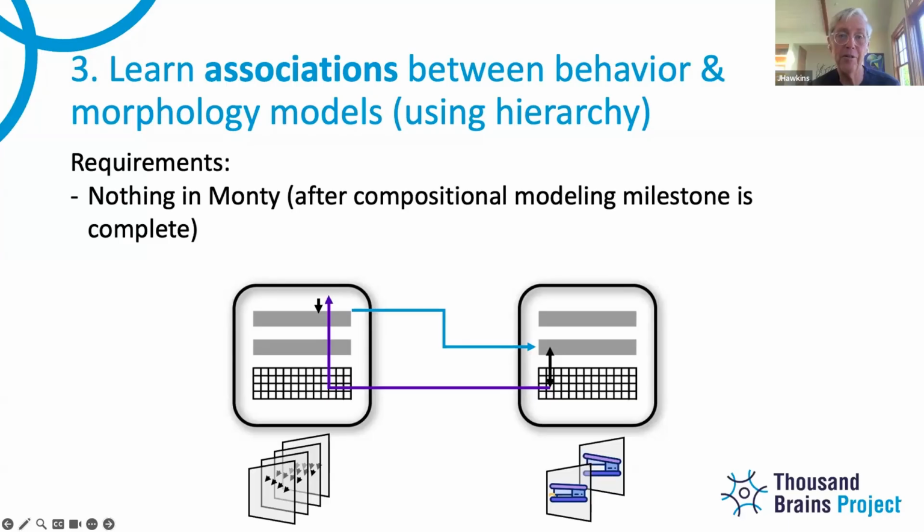So I just throw that out, something to think about. But Monty doesn't care. You can do this in Monty, as long as we agree that that's a requirement. Those have to be co-located in some sense. And yeah, I can look back into the literature. I think MT still has this kind of structured organization, but I'm not sure what the relationship is between columns that have feedforward and feedback connections with each other if they are co-located.